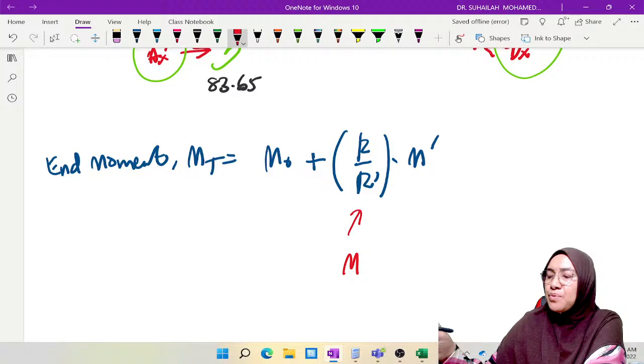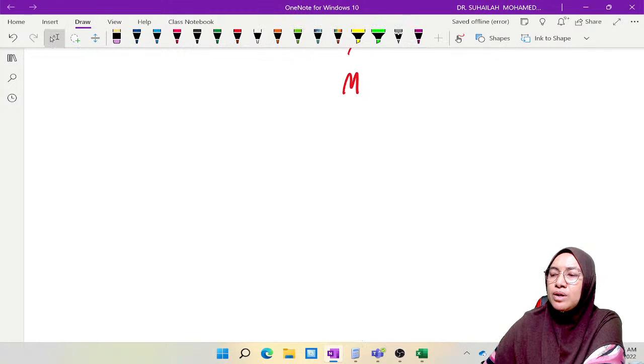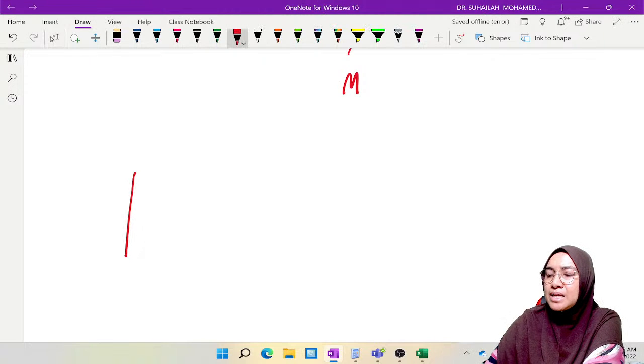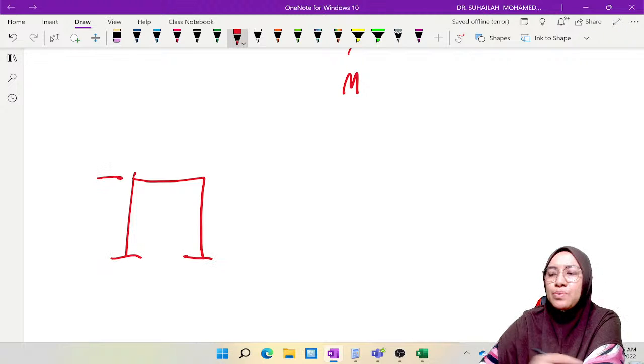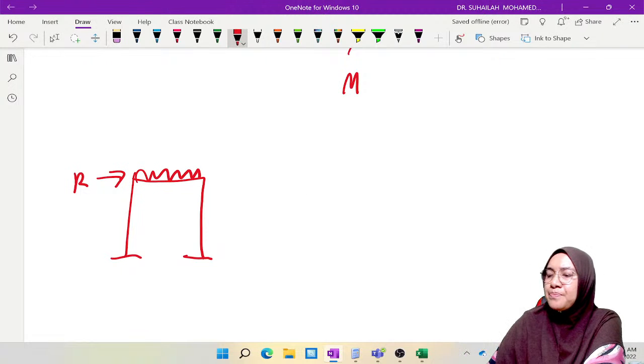We do this based on interpolation. Because the idea is like this. When we have a frame subjected to side sway, maybe like this, this frame has side sway plus deflection.